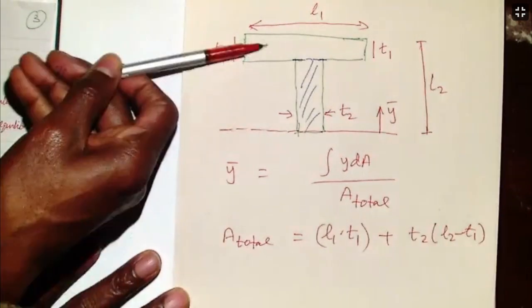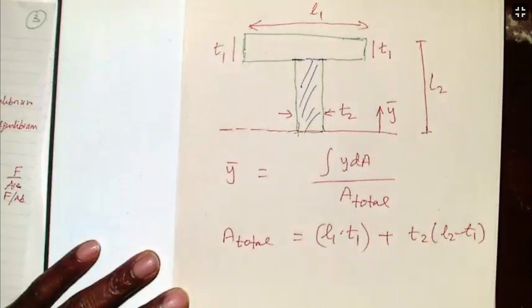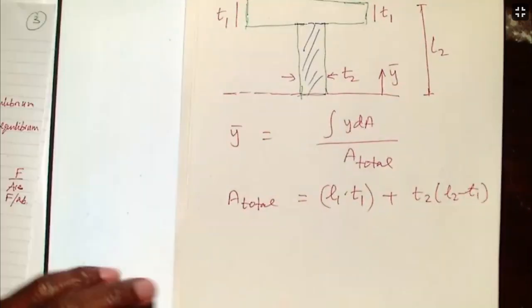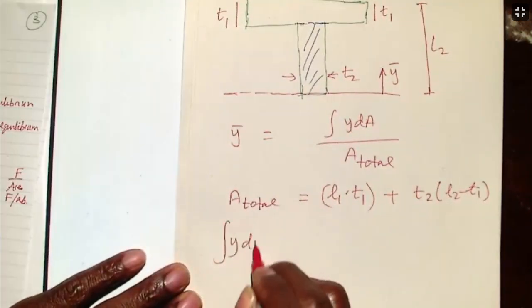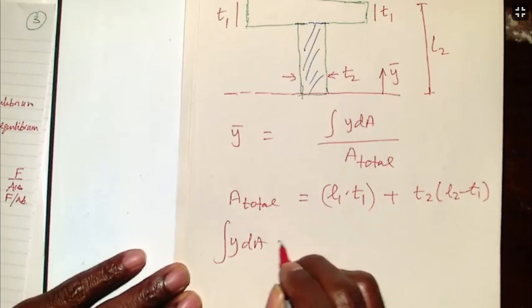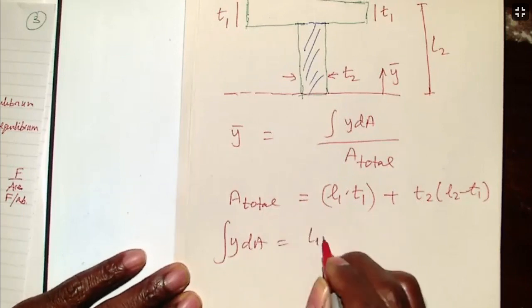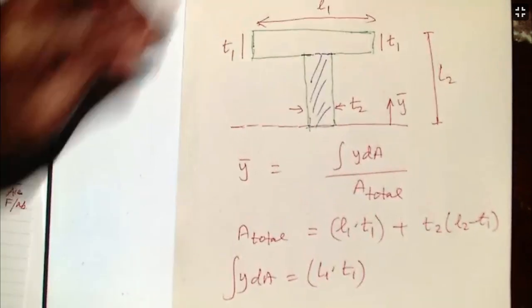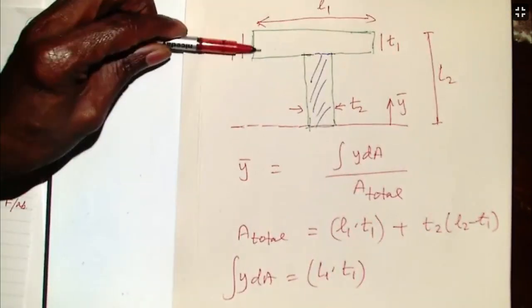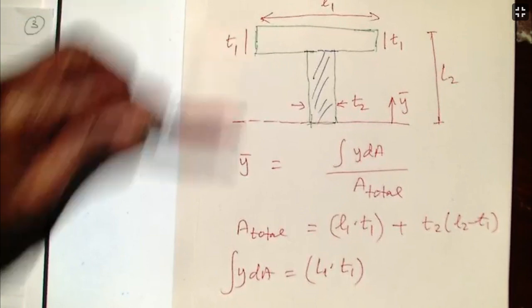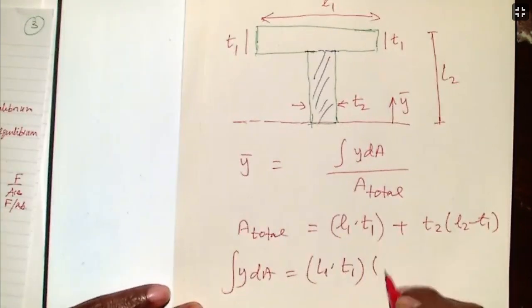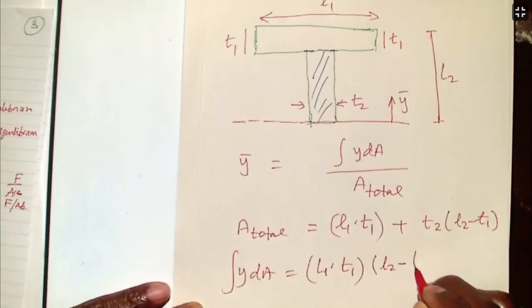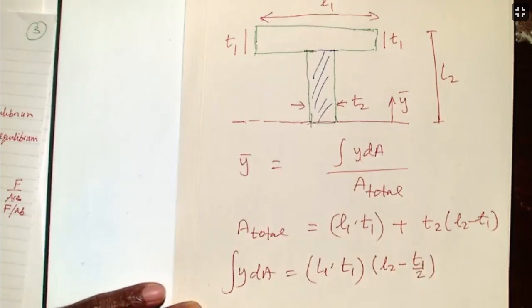So if I go to the top one, the area of the top one is L1 multiplied by T1. Okay? And the center here is at a distance of L2 minus T1 over 2.